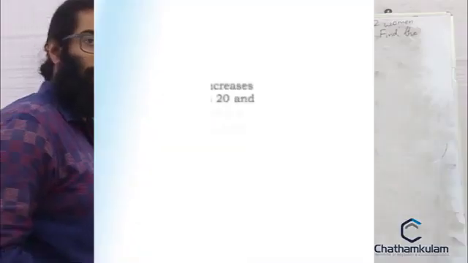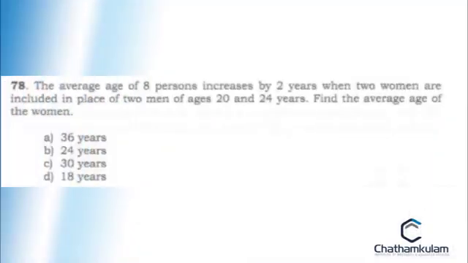So let's see the next question here. The average age of 8 persons increased by 2 years when 2 women are included in place of 2 men of ages 20 and 24 years. Find the average age of the women.